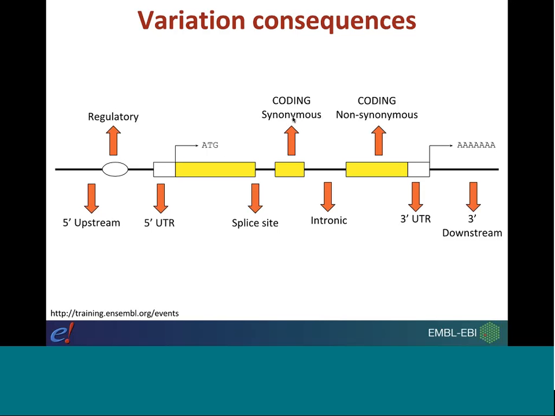So a base change might still encode the same amino acid, and in this case we call them synonymous variants. However, variants can also change the single amino acid that's encoded. In this case, we call them non-synonymous or missense variants. So these are variants that have changed the amino acid that's encoded at that particular position.